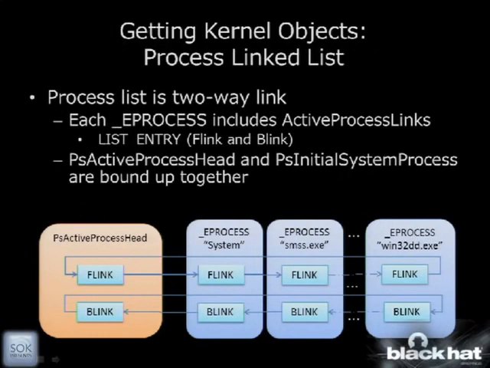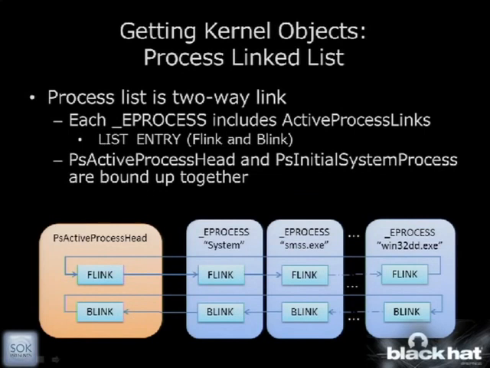Before explaining individual implementations, I want to fill in the gap about the process linked list. The process list is made by a two-way link. Each process includes ActiveProcessLinks, that is LIST_ENTRY type, with information of the forward link and backward link. All links point to EPROCESS objects with one exception.